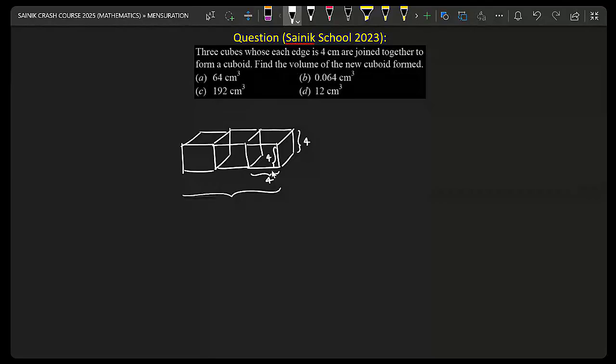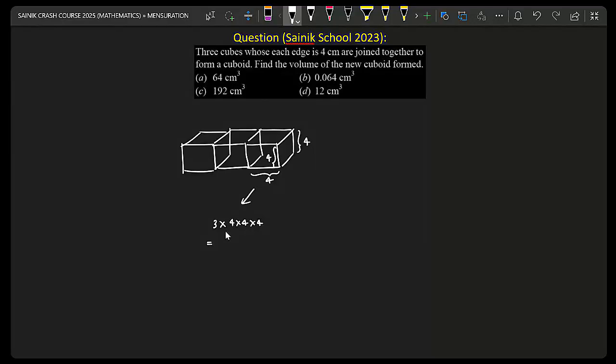Okay, we can do it in 2 ways. What is 1 cube volume? Sir, 4 into 4 into 4. Yes, 4 into 4 into 4. Like that, how many cubes are there? Sir, 3 cubes. So just multiply by 3, you'll get the answer. 64 into 3. What is the answer?